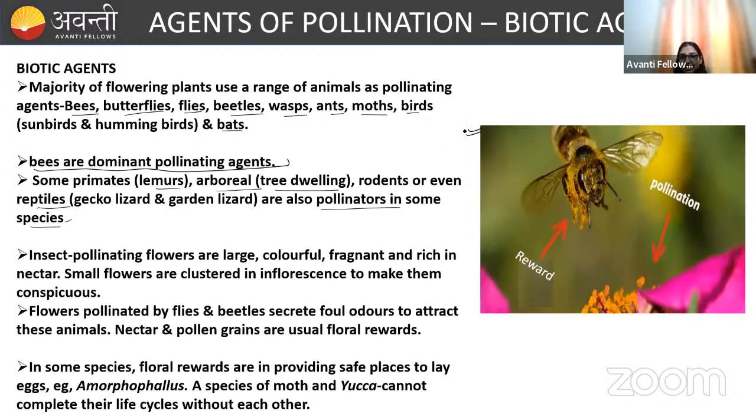In the image, you can see biotic pollination taking place.